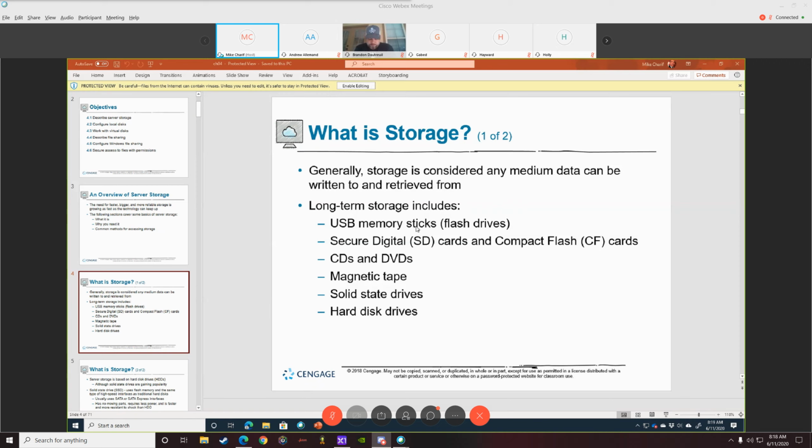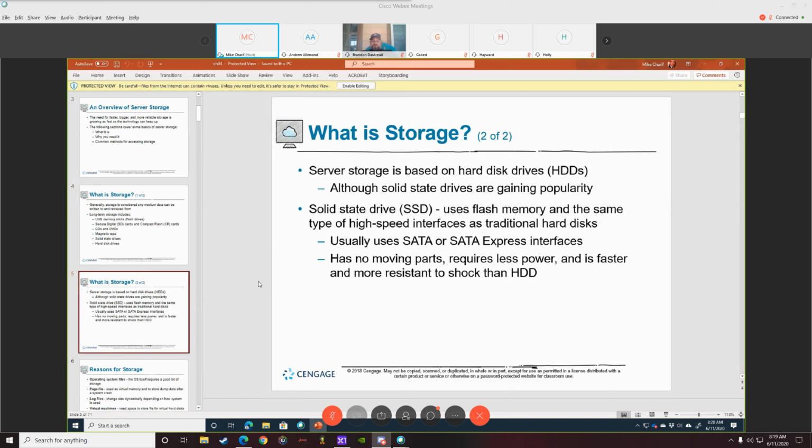So as we see, we have different types of media to save our data. And also, something not mentioned here is the stuff you can do on the cloud, like Google Drive, and so on. Okay.